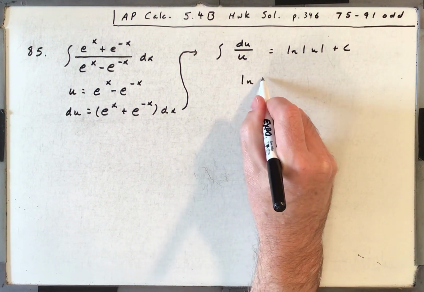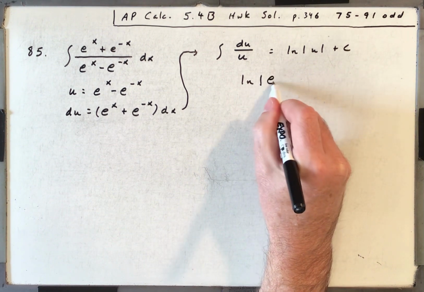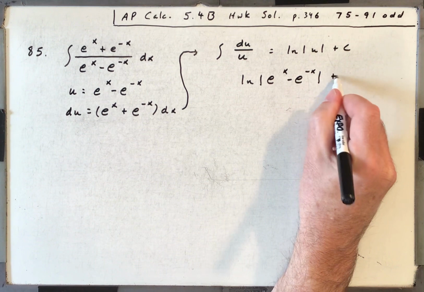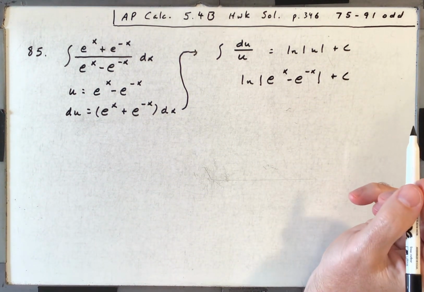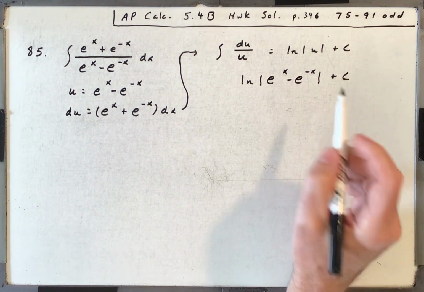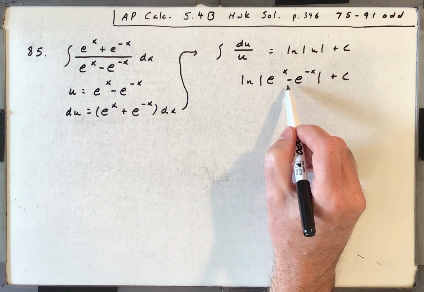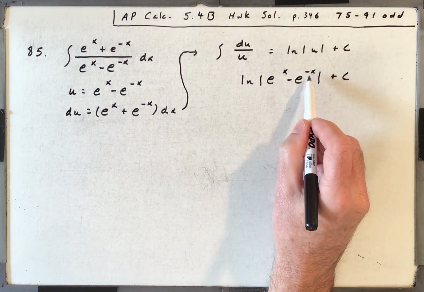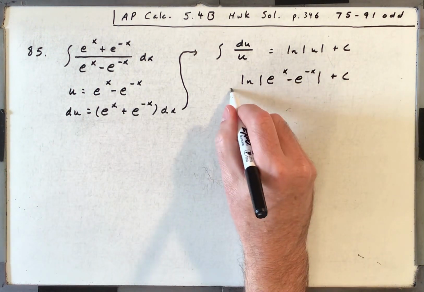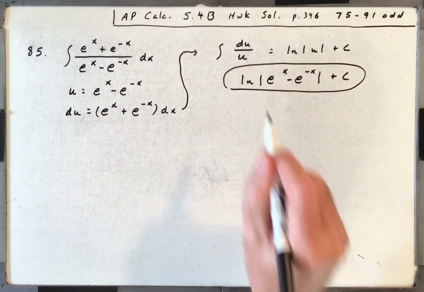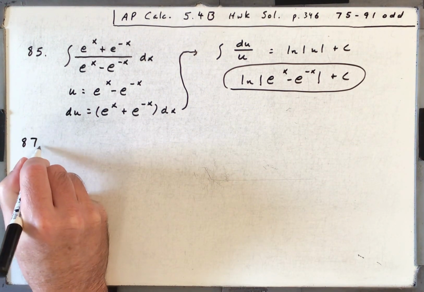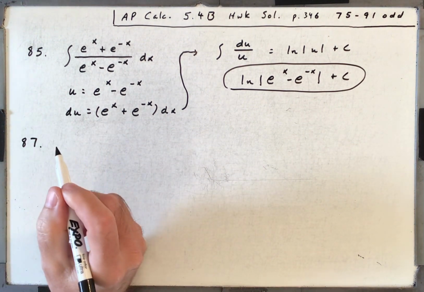So that's the natural log of the absolute value of e to the x minus e to the minus x plus c. I'm just going to check that in my head. That'd be 1 over e to the x minus e to the minus x times e to the x plus e to the minus x. And that's exactly what we need it to be. So boom, 85 is complete.